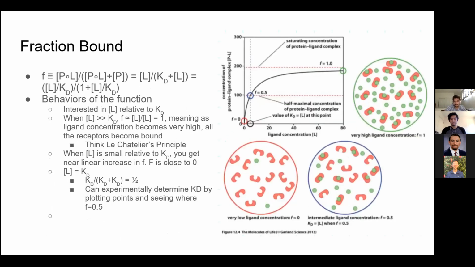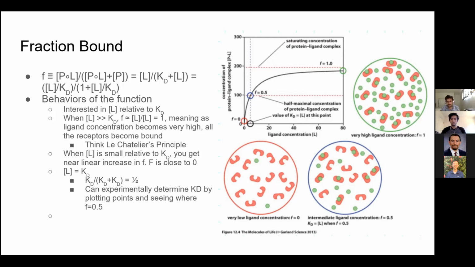So to go over again, I'll talk about the behavior of this graph. There are multiple ways that you can mathematically state it, and our independent variable is L. What we really care about is what L is relative to KD. When L is much greater than KD, your F becomes about L over L, which is 1.